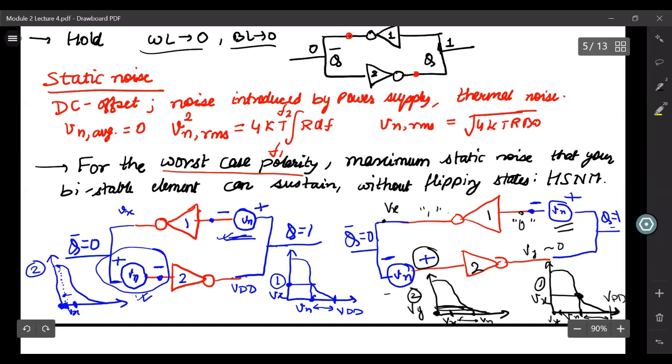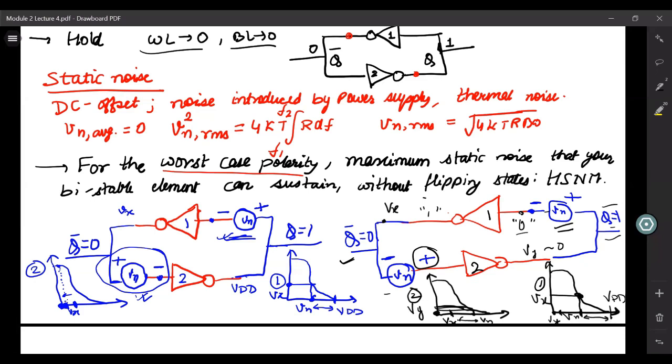You started with Q equals 1 and Q bar equals 0, but because of the positive feedback that these noise sources are providing, since your inverters are in a cross-coupled configuration, and because the noise sources' polarities are such that you are able to flip the content of the cell, what you end up with is that Q becomes 0 and Q bar becomes 1. That is what happens when you have a very large static noise in your circuit.